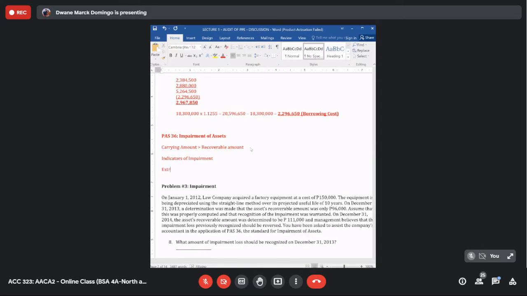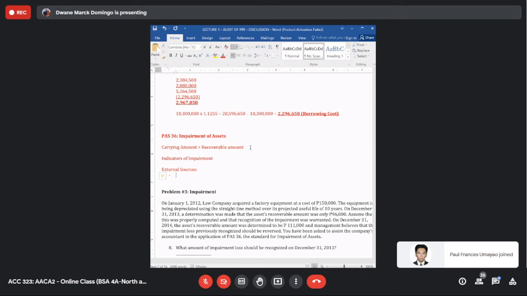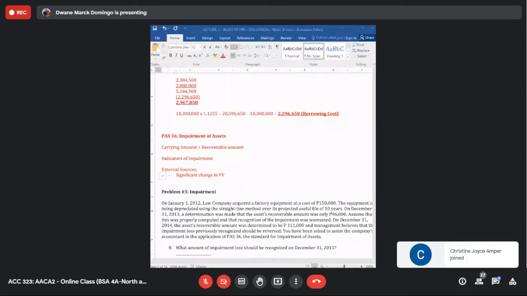May external sources, and then may internal sources. So external sources, ito yung enumerate natin: significant change in fair value. So baka kasi dati ganito yung fair value niya, tapos biglang baba. So it might be an indication of impairment.